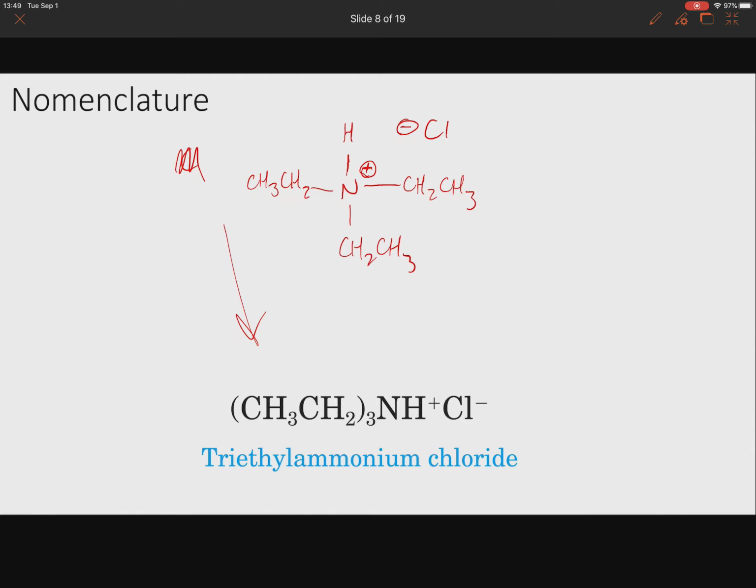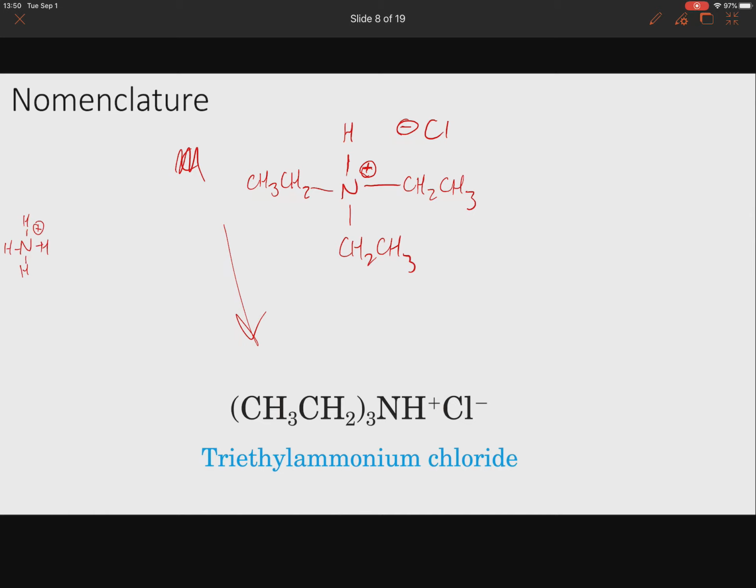Now, to name a compound as a salt of the corresponding amine, we replace the ending amine, or if it's aniline or pyridine or pyrimidine, we change the amine into ammonium. That has to do with the fact that ammonia is NH3 and ammonium is NH4 plus.